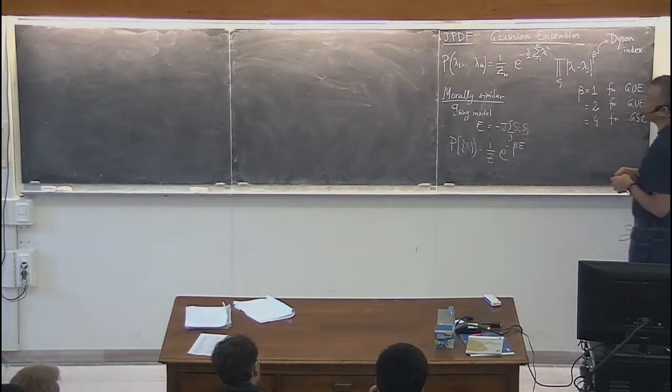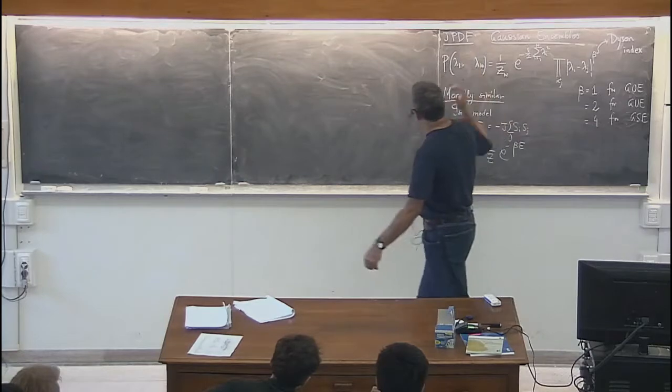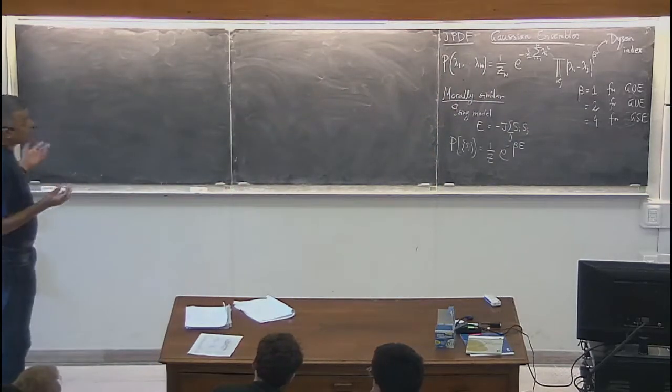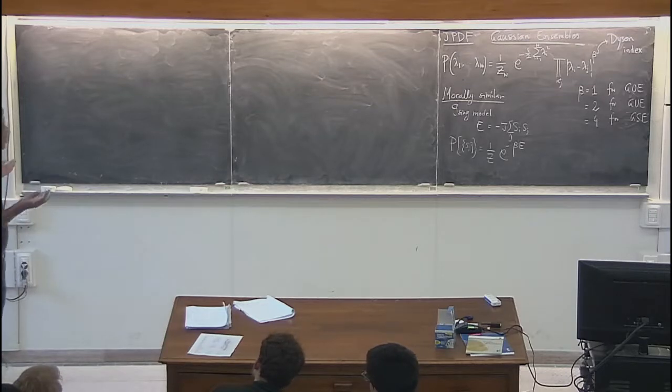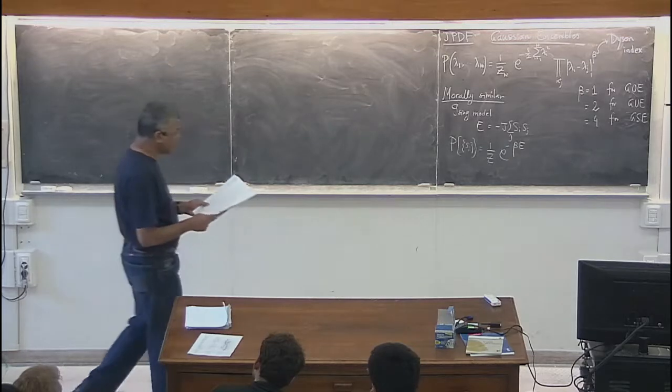In fact, in that case the eigenvalues and eigenvectors are quite strongly correlated, so you cannot have this decoupling between eigenvectors and eigenvalues. Let me make a few additional remarks.